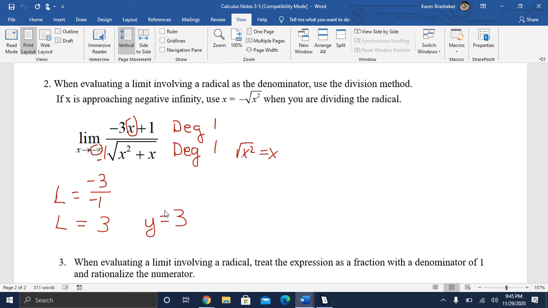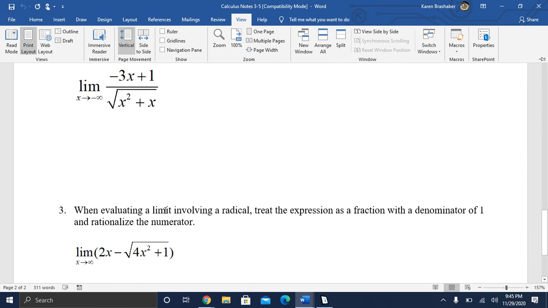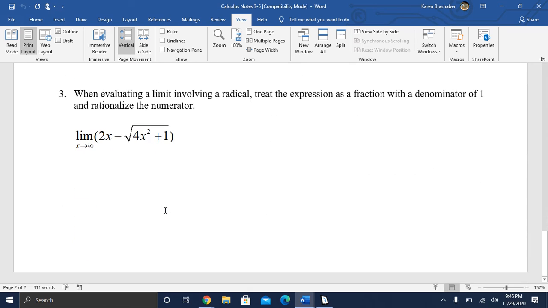All right, and we have one more situation to look at, and that situation is described down here in part 3. It says, when evaluating a limit involving a radical, treat the expression as a fraction with a denominator of 1 and rationalize the numerator. So plugging in the infinity does not give you a true picture on a radical expression.